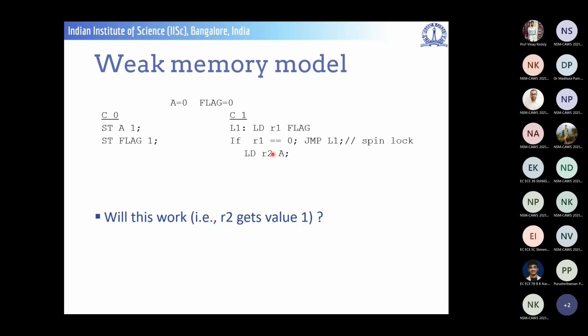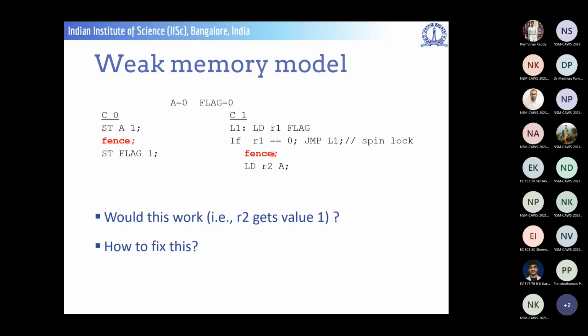No. So what you have to do is put fences. If you put fences like this, then your program will run correctly even on the weaker memory consistency model. Now you see what is happening. We started with a very intuitive piece of program, which made sense.